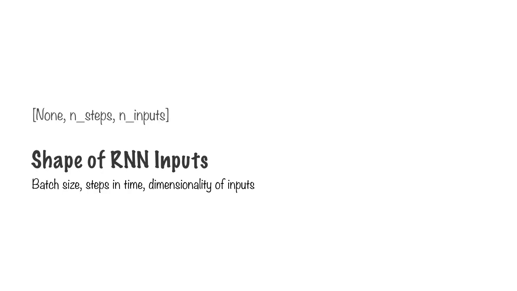In order to understand why the parameters are set up in this manner, you need to understand the shape of the RNN inputs that we feed into the TensorFlow libraries for setting up RNNs. The library that we use to build recurrent neural networks in TensorFlow expects the inputs to be in this form, to have the shape with batch size as the first dimension, steps in time as the second dimension, and the dimensionality of the input specified as the third dimension.